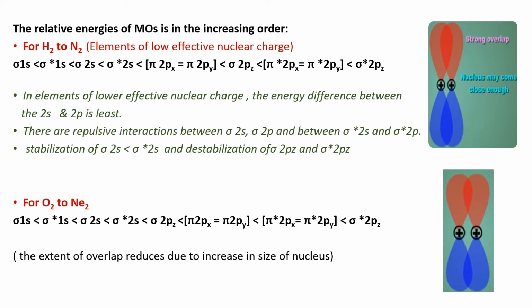The order of molecular orbital energy levels for different homonuclear diatomic molecules, especially for hydrogen to nitrogen, will be like this. Since from hydrogen to nitrogen the size of the nucleus is small, both the nuclei come very close together and therefore there is effective overlap for pi bonding.